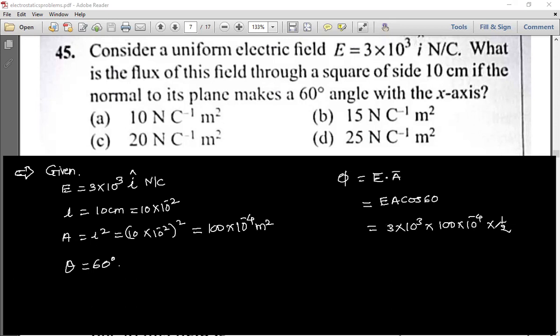Yes. So this is how much? 1.5, 2 and this 3. And minus 4 will go with this. So 1 minus 1 left with this 0. So I think you are getting answer 15, right? 15 Newton Coulomb inverse meter square.